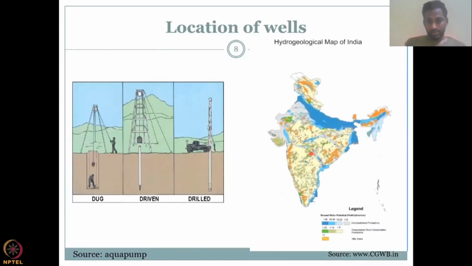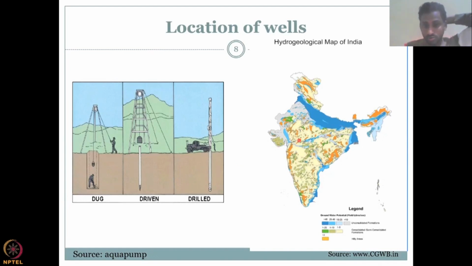Location-wise, it's also important to understand where these types of well constructions happen. Mostly the dug wells happen along shallow aquifers, and the shallow aquifers are mostly present in the unconsolidated formations.